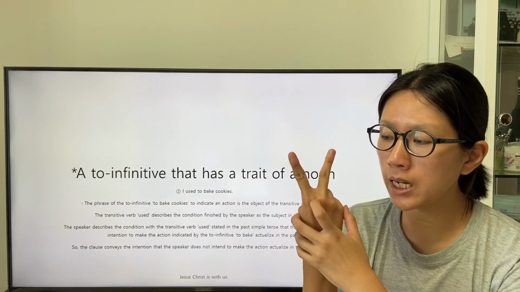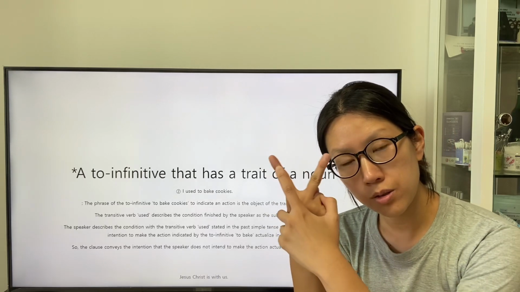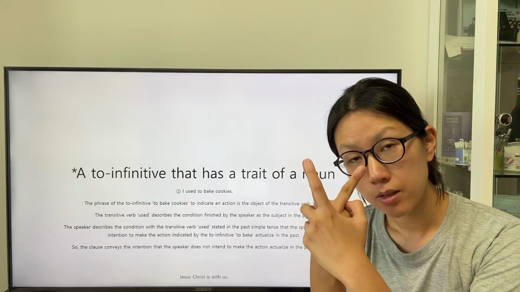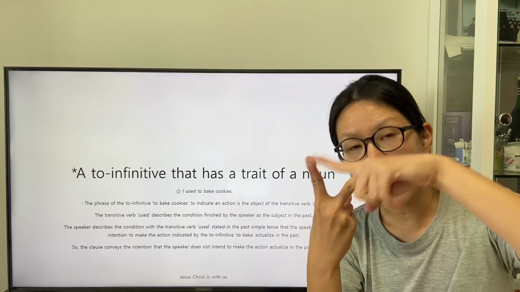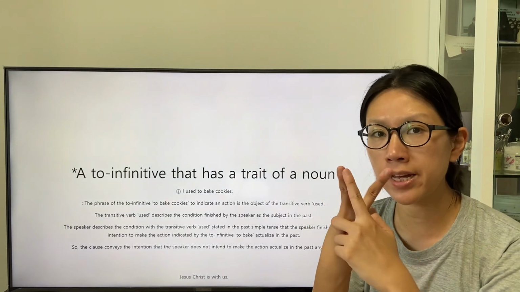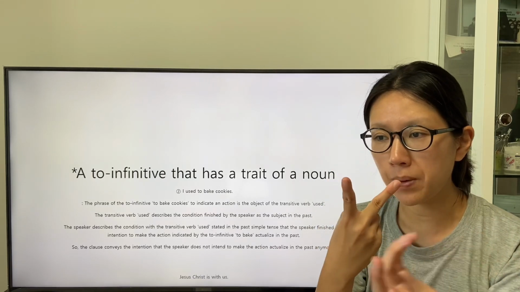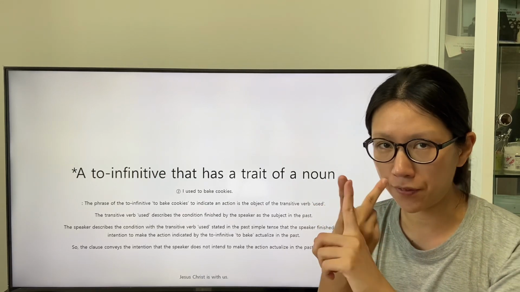The speaker in the past took this way that is not the present to actualize the experience, condition, or action described by the definition of the verb.